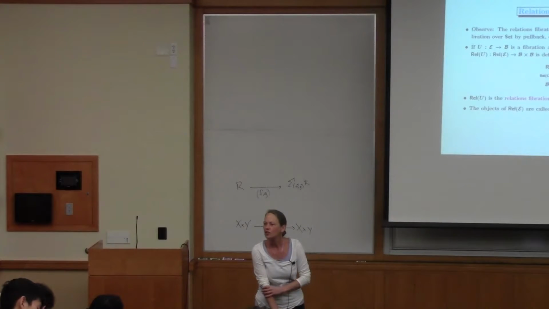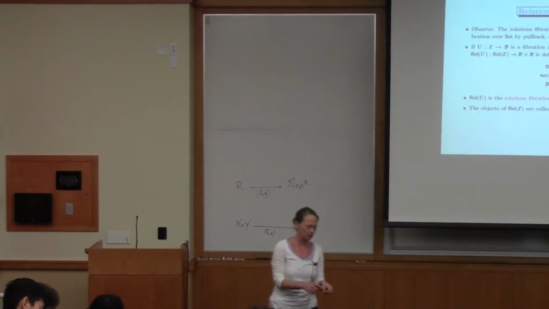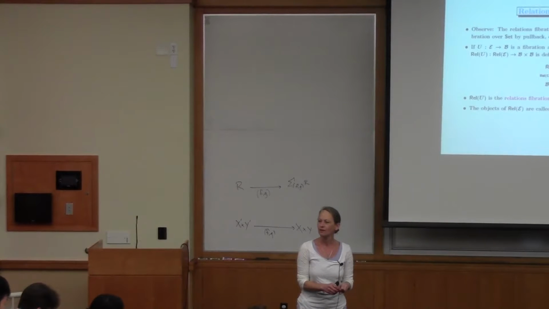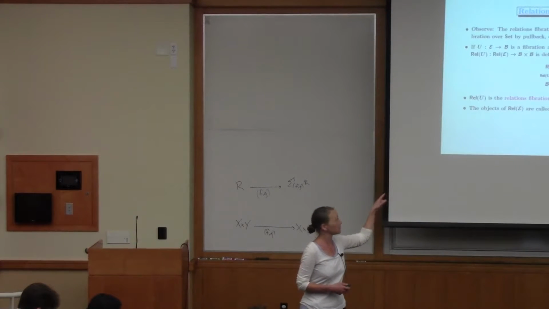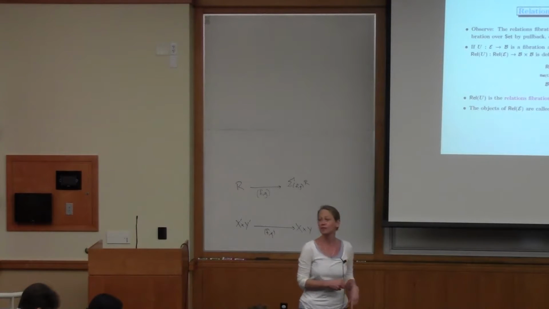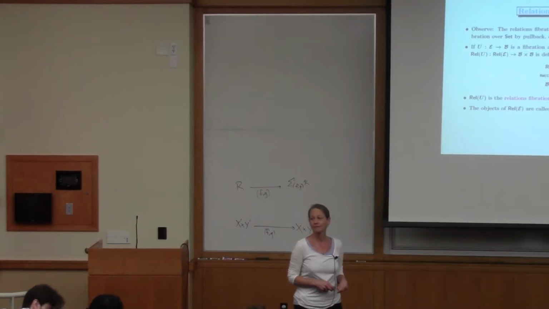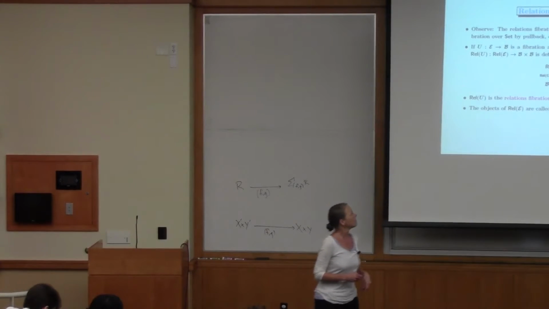You mean you want to know the objects and morphisms of Rel? Well, it's going to depend on what E is, and what B is. You mean you want to pick apart the structure? In Set, you can build the pullback, and we know how it is made, the pullback of two functions. I was wondering if we know, in general, how the pullback of two functions is made.